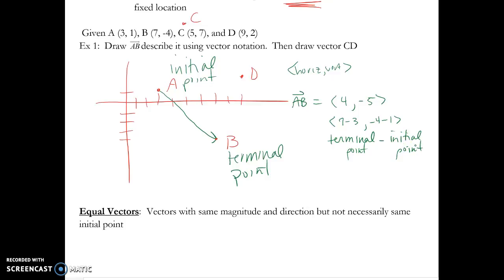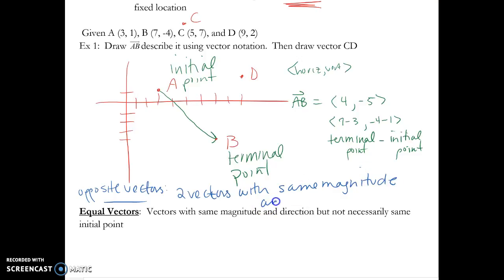Now, if I were to talk about the idea of opposite vectors, these are two vectors with the same magnitude, which means that they are the same length long, and opposite directions.